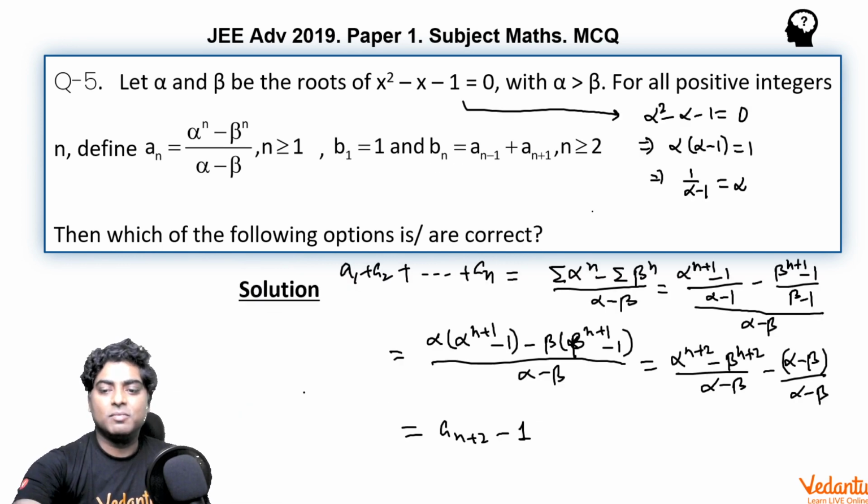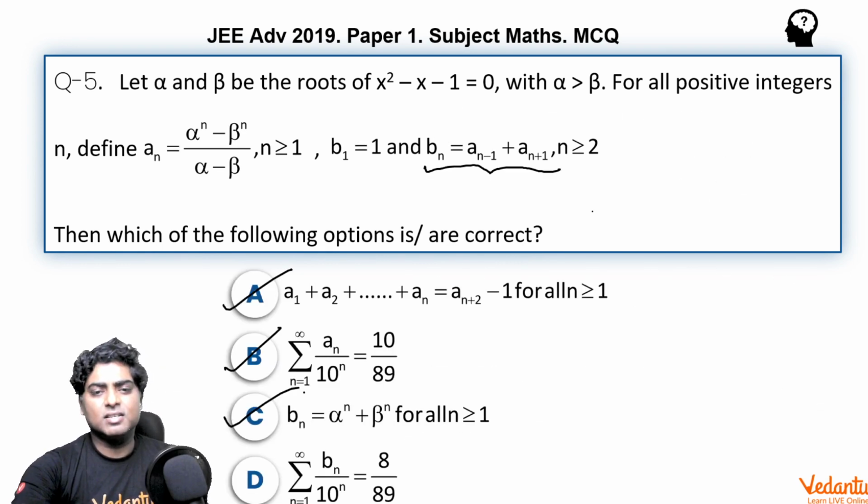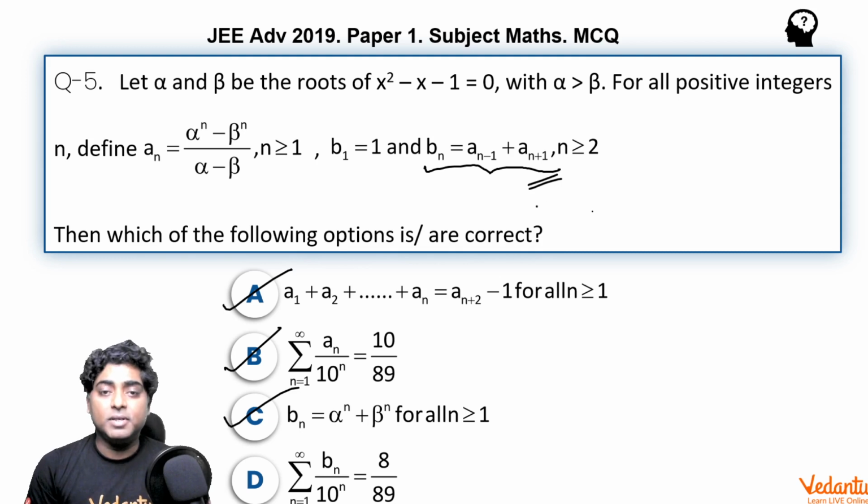Now coming to option D. Option D can again be found in a similar manner to what we adopted for option B, Bn upon 10 raised power n. However, by giving a little stress to the mind, we can easily show that Bn is more than an for every n, except n equal to 1, where both are the same.